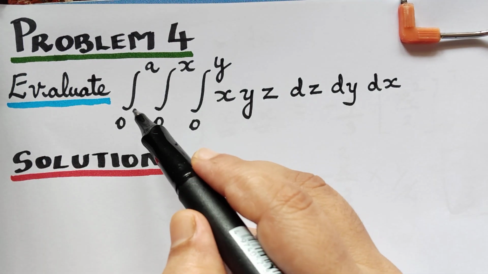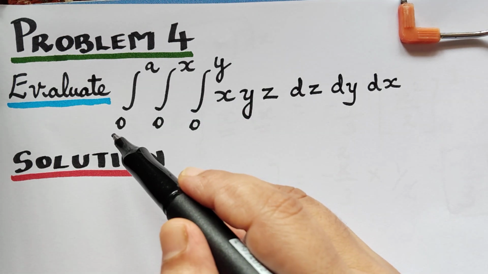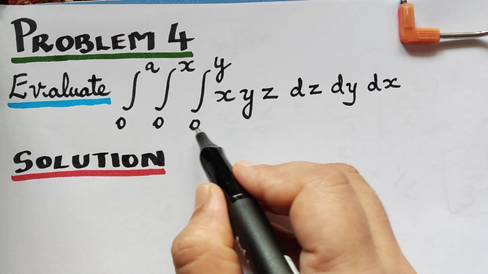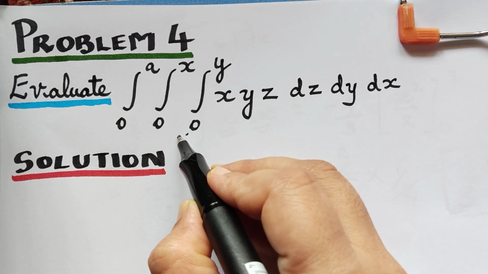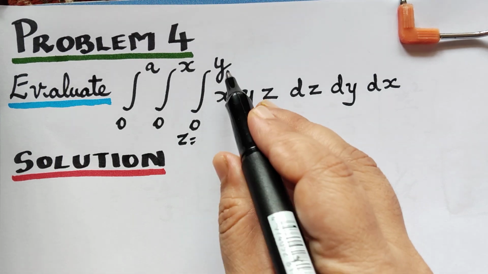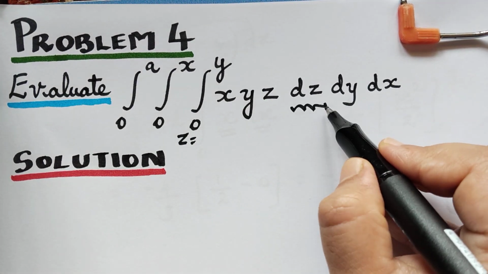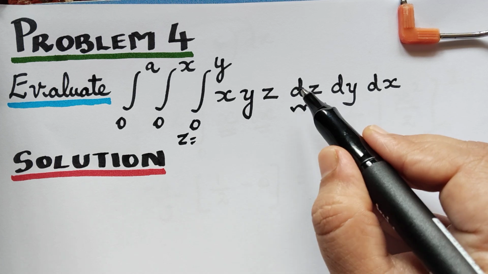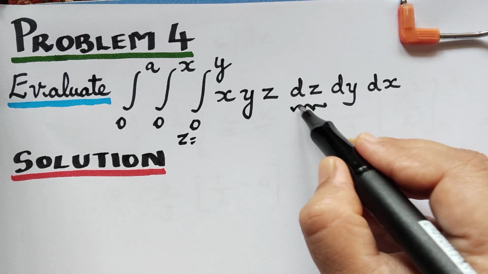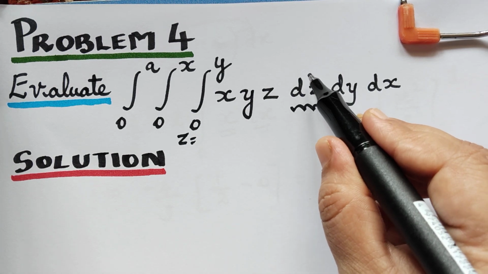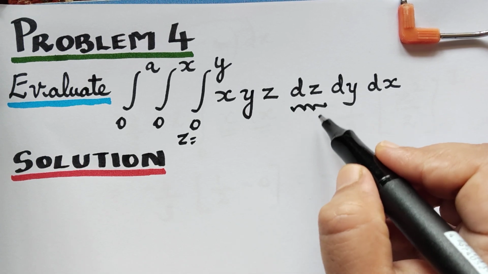So we have to understand that the variable not mentioned in the limits is z. Therefore the first inner integral will be taken as z equal to 0 to y, and so it will be first integrated with respect to dz. Naturally, in this problem the order of integration is also given as dz in the first step.